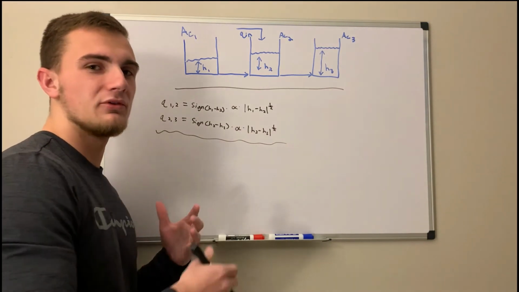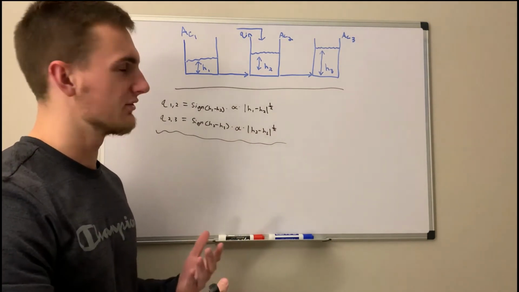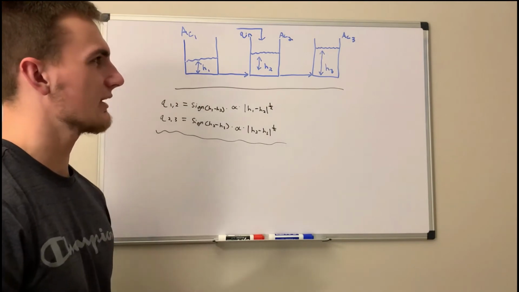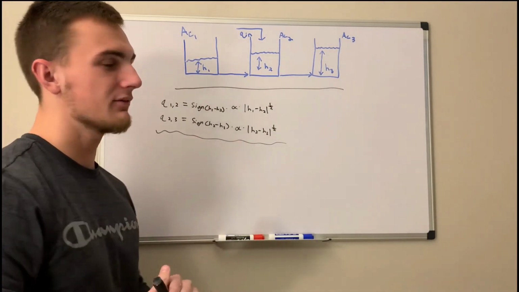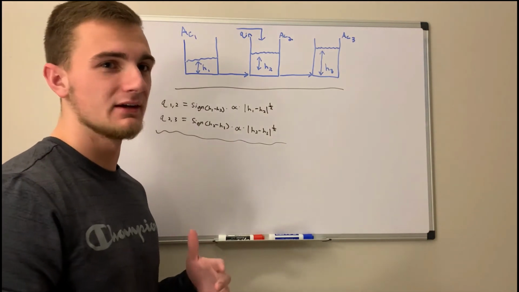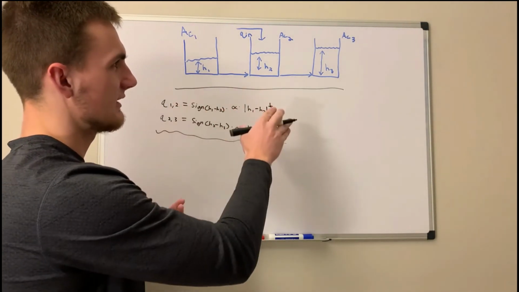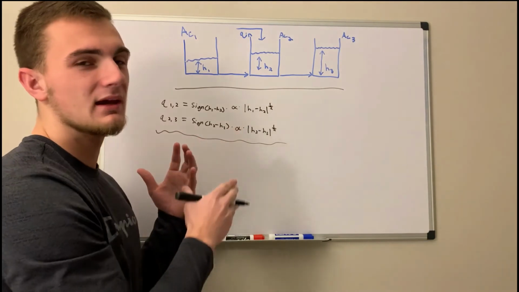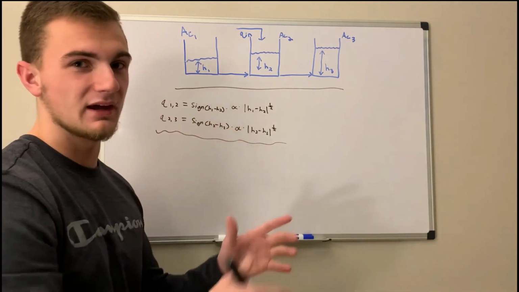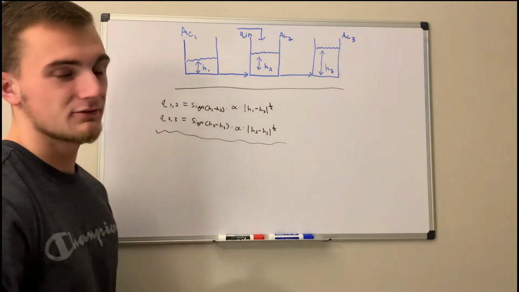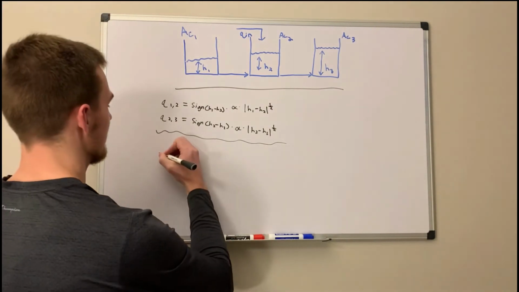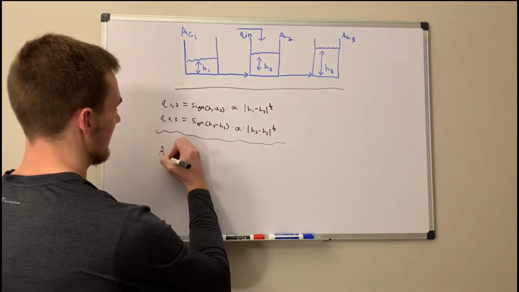Now, what we'll want to do for our differential equations, since we're just taking a look at the height of the three tanks that we have here, we're not taking into account the concentrations of the contents that we may have flowing from one tank to the next. So if we're just looking at the heights, what we can say for our differential equations is we'll have cross-sectional area A1.